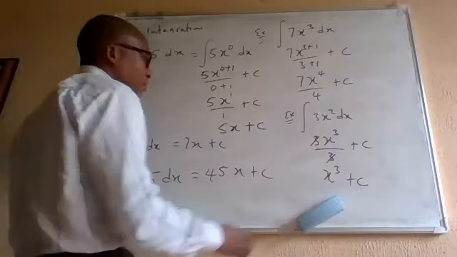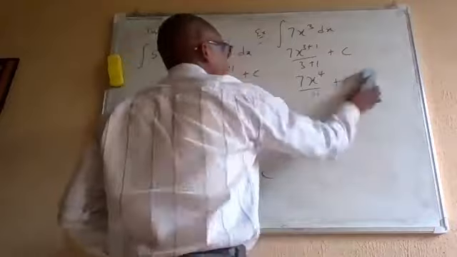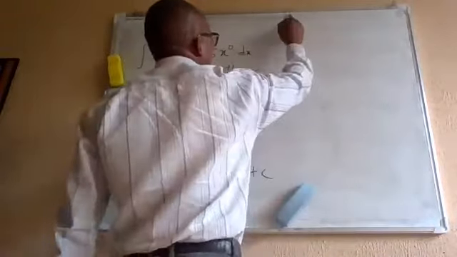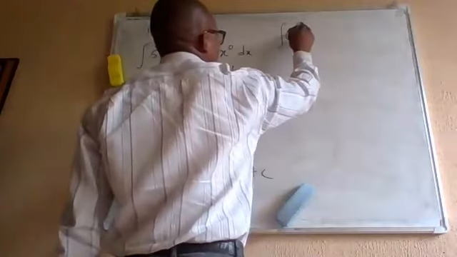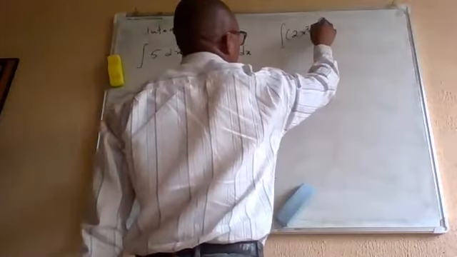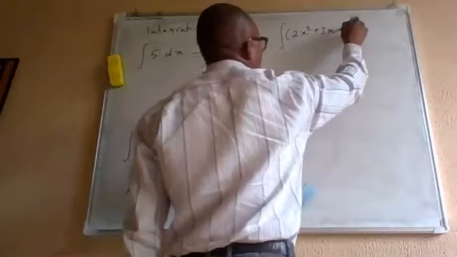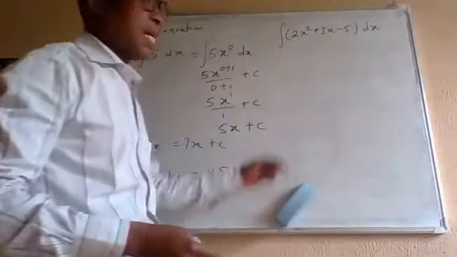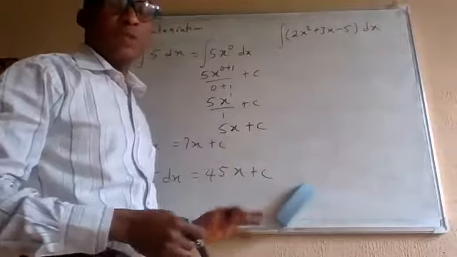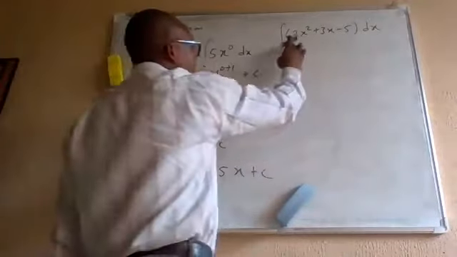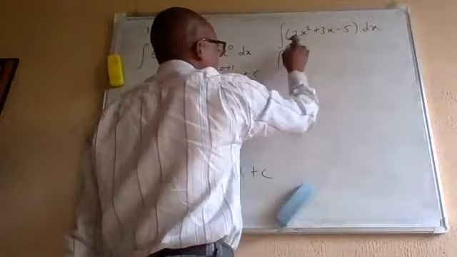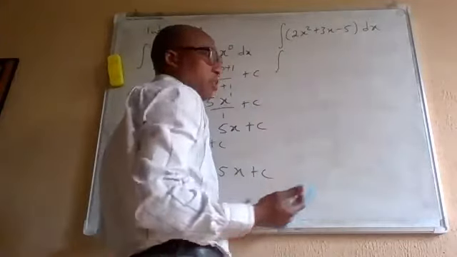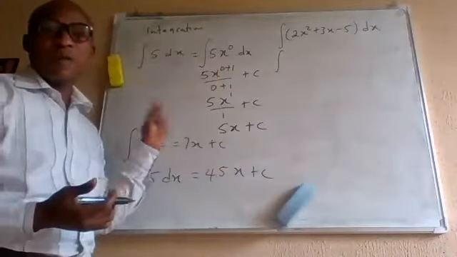So let's now look at more examples still on integration. If you are asked to integrate in bracket 2s squared plus 3s minus 5 dx, I can solve this the same way I've been doing others. I can split it, because everything is in bracket, so that it looks like what I've been solving before.